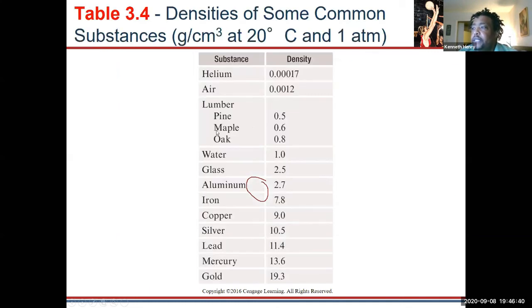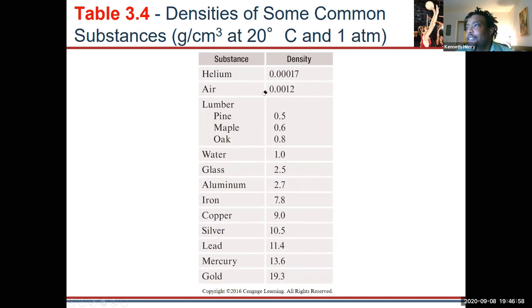These are some of the densities of things that you may run into daily. Like helium, like a helium balloon. Helium is really less dense than air. That's the reason why balloons float in the air. So this is the density of air.